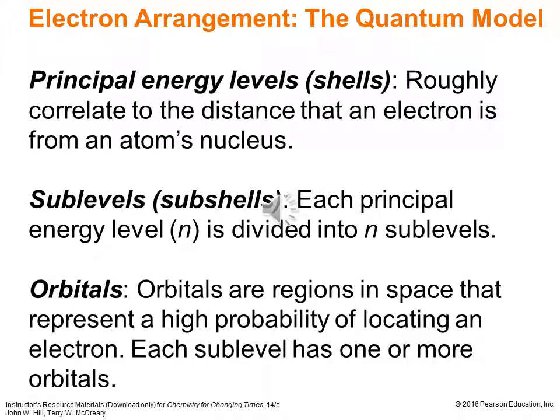And then when we go into principal energy level 2, now we have 2 sublevels, and we still have the spherical shaped orbital, the 2s orbital, but we'd also have 3 of these 2p orbitals, which are more lobe-shaped.